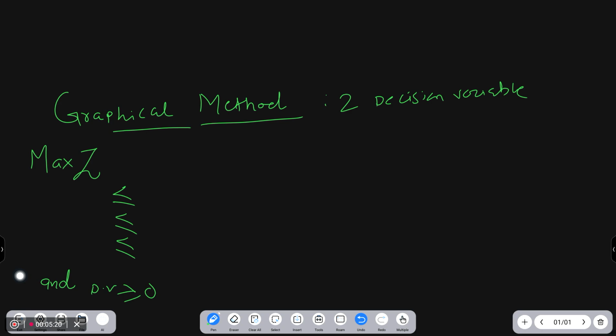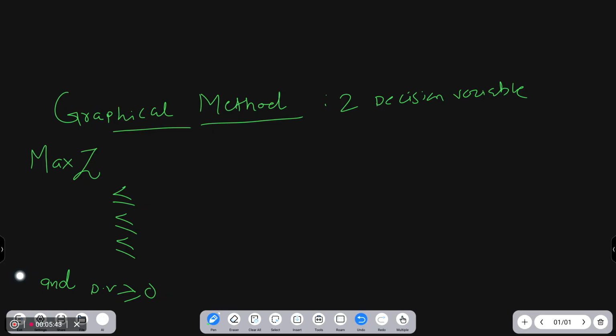This is the canonical form of an LPP. It means that if my objective function is of the max type, then the constraints should be less than or equal to. Getting what I am saying? The canonical form is a standard form.